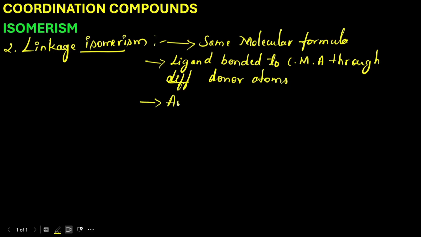Linkage isomerism arises when ambidentate ligands are present.